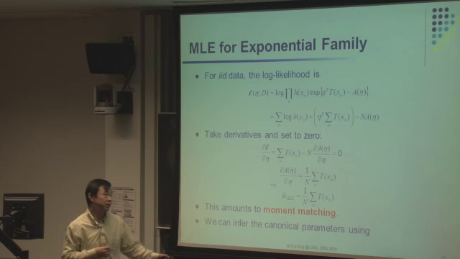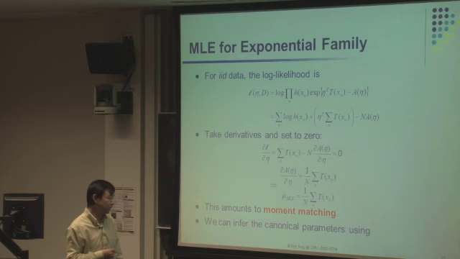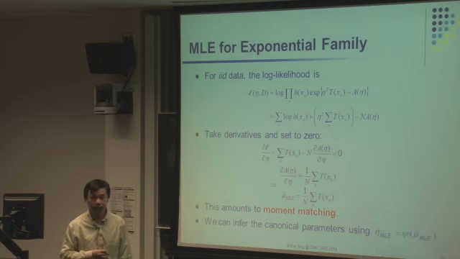And then you just compute the sample mean of the sufficient statistic. Then you get an estimate of all your mean parameters and the second order moment parameters. This method is called moment matching. And you can also use a transformation to retrieve your estimate of the natural parameter, because this transformation is a one-to-one correspondence.